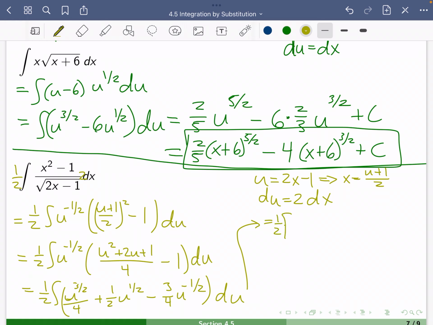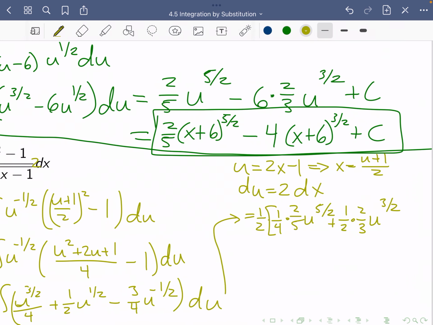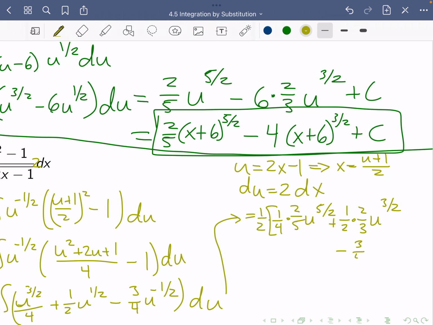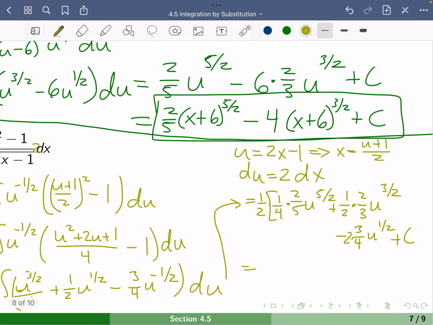So you have u to the 5/2 plus u to the 3/2 minus 3/4 u to the 1/2 plus c. And change back to the original variable.